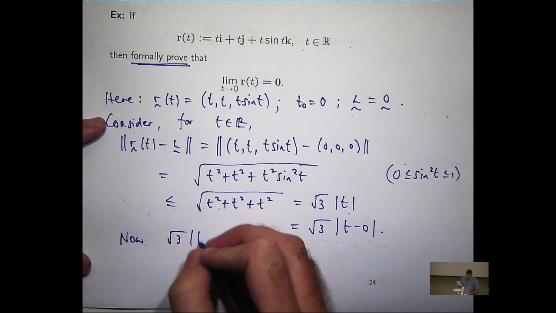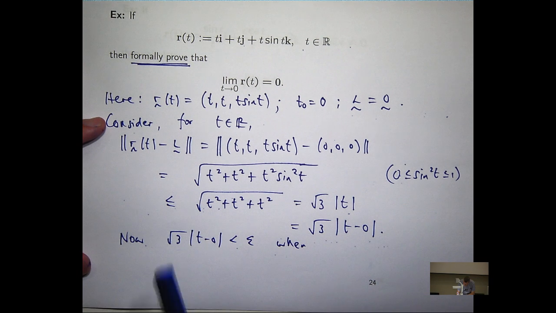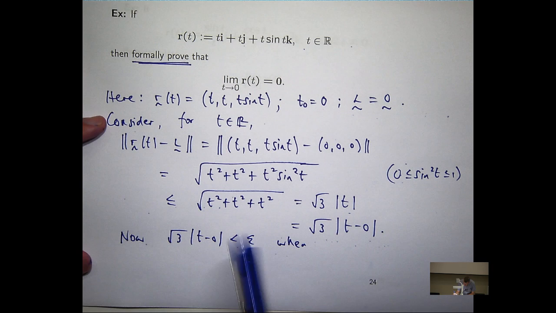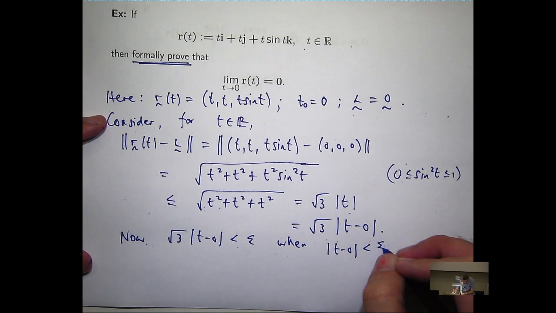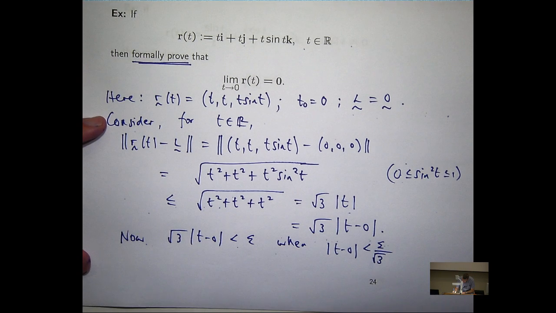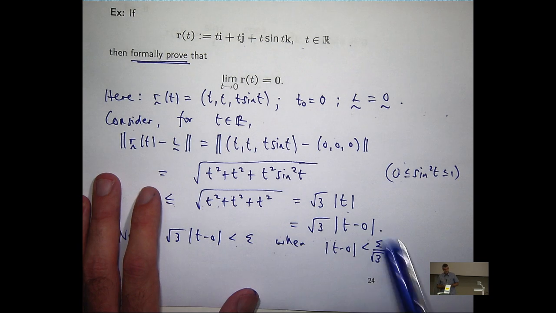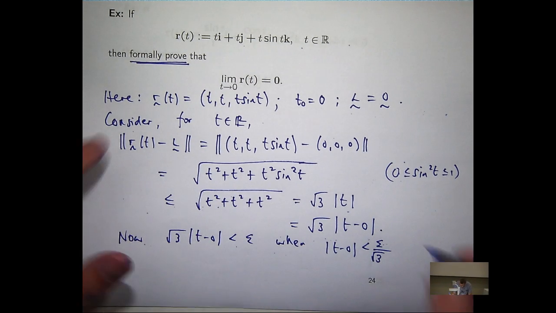So if I just rearrange and bring the root 3 down here, then I know that if this is true, then I can get this less than epsilon.